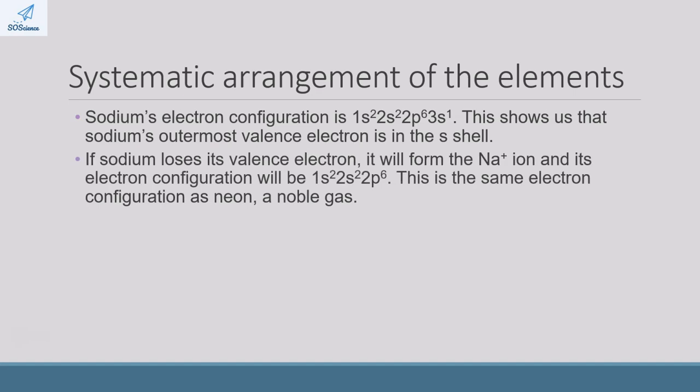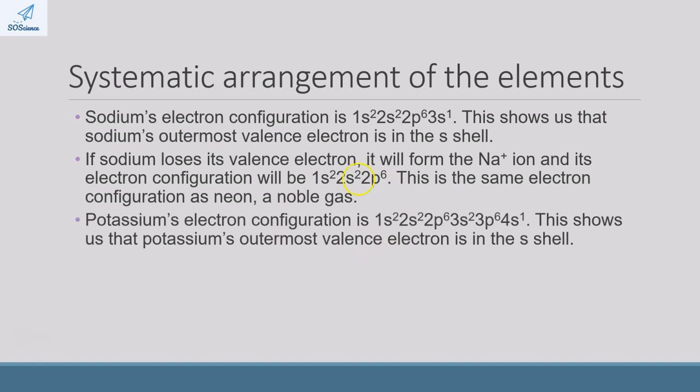If sodium loses its valence electron, it will form the Na plus ion, and it will lose this 3s1. So its electron configuration will be 1s2, 2s2, 2p6. And note that this is the same electron configuration as a noble gas, neon. Again, the electron configuration of ions is always going to look like the electron configuration of a noble gas.